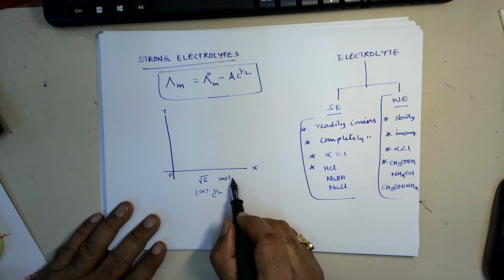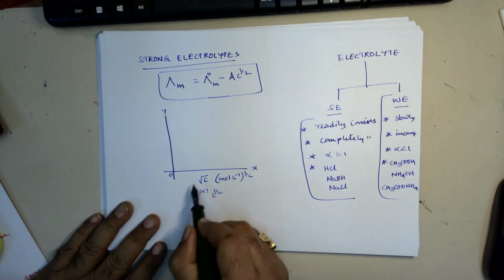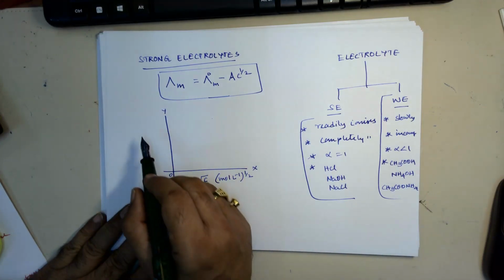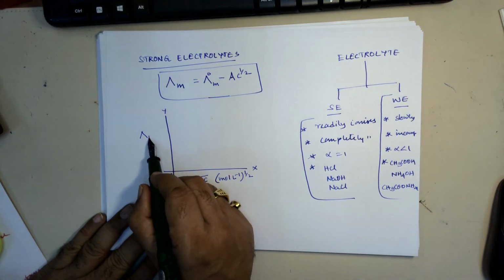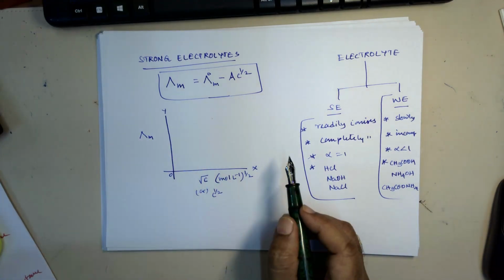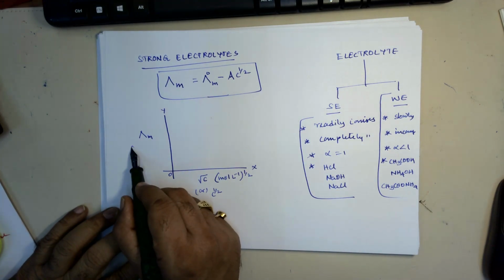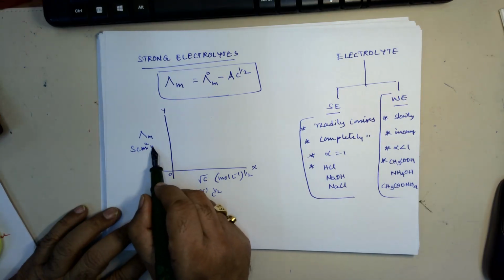Mole per liter whole power 1 by 2, because it is a square root. And now let us consider the lambda at a certain concentration. What is the unit here? Siemens square centimeter per mole.